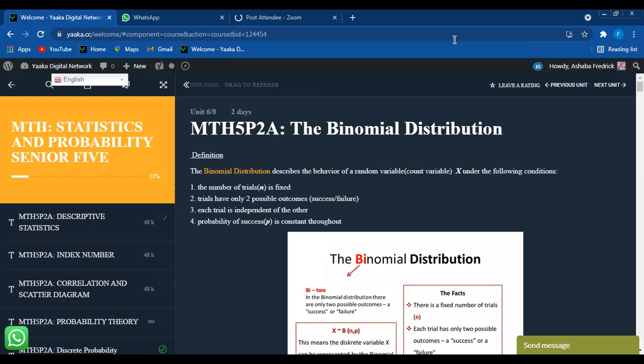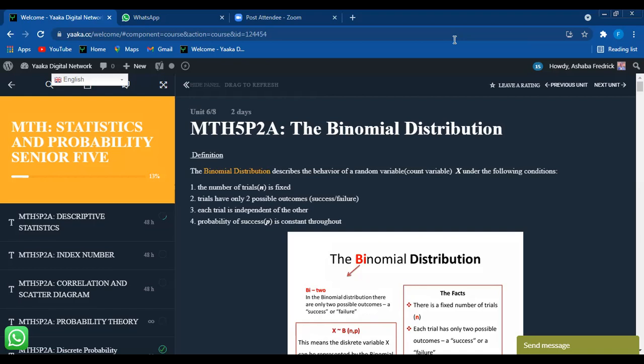So if I toss a coin and obtain a head, it doesn't mean that the outcome of my next throw will depend on the first one. So they are independent.